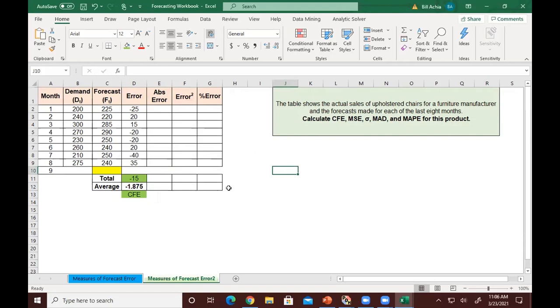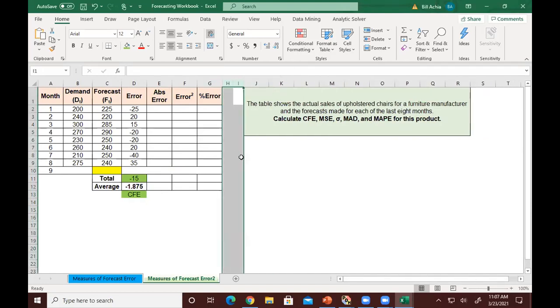This is where I get you to wake up if you're online, because I'm going to ask you to submit something to the Dropbox as part of your attendance grade. So please calculate the absolute errors in column E. Just column E for now, and the average absolute error.